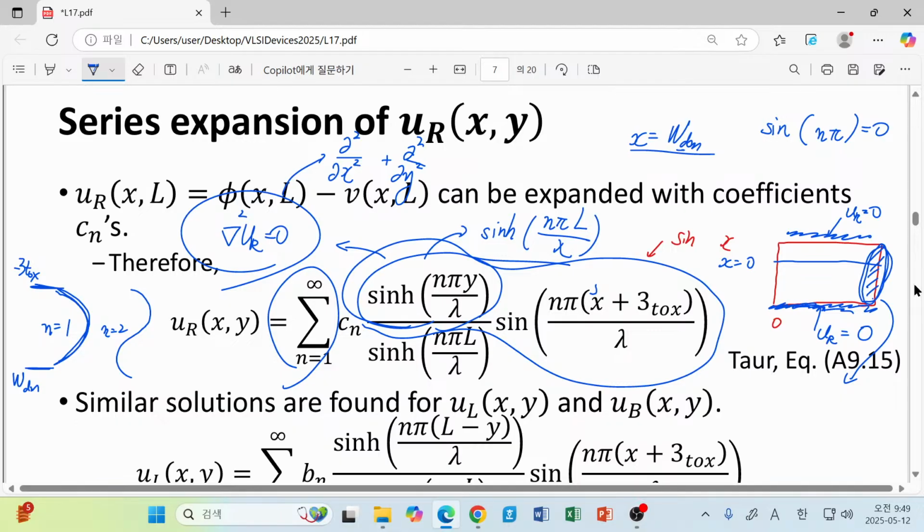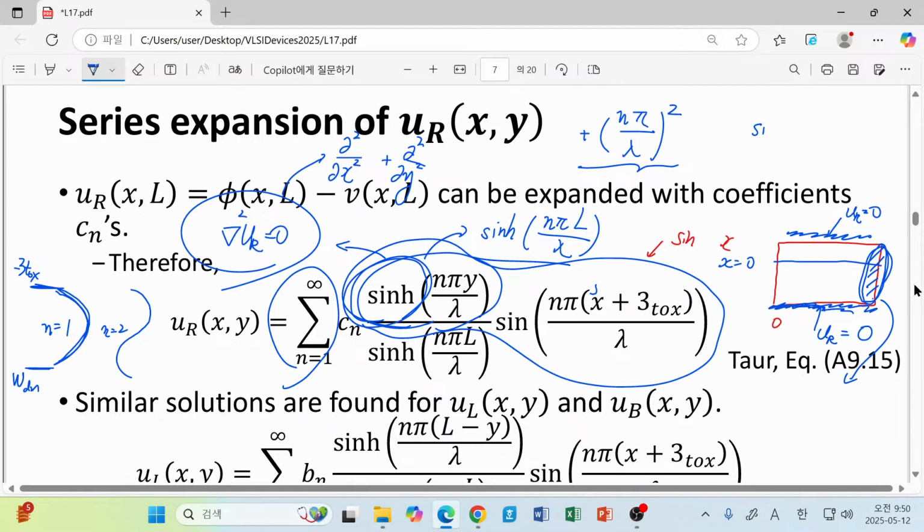Then fortunately, this is hyperbolic sine, and when it takes the derivative twice, it will give us the coefficient corresponding to positive n pi over L squared. That is given as this one.